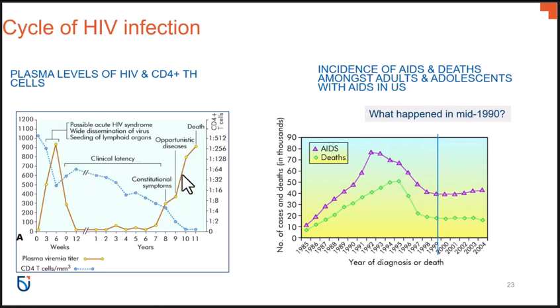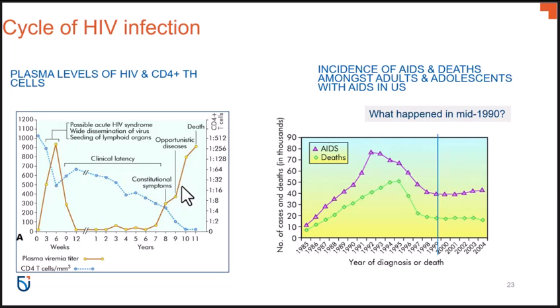We then have this period of what's referred to as clinical latency. During this period, the virus is replicating, and T cell destruction continues, but it's called clinical latency because the person is generally asymptomatic during this period of time. The person may develop HIV-related disease, under this term here, constitutional symptoms.